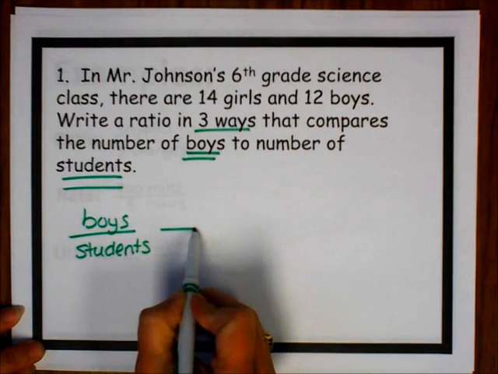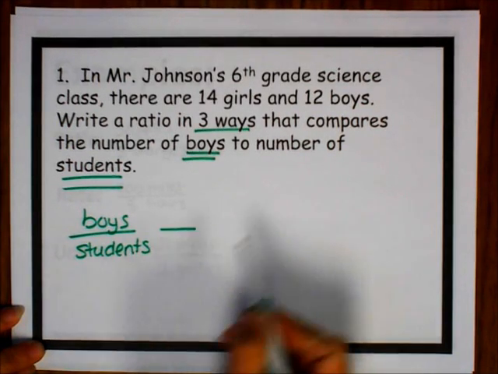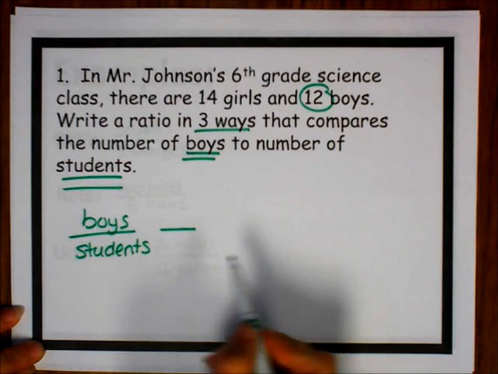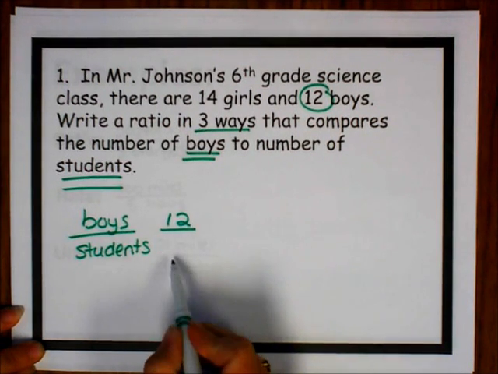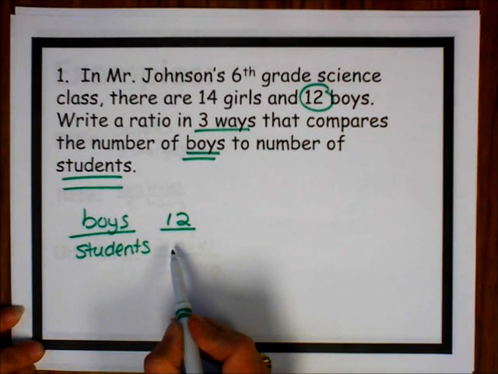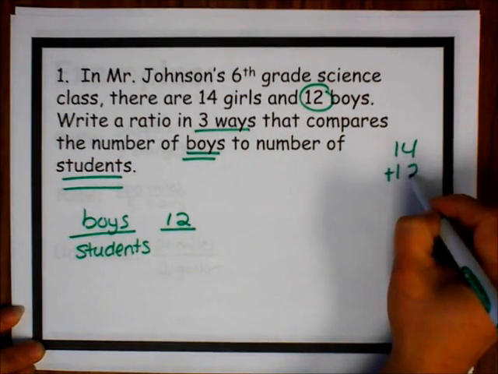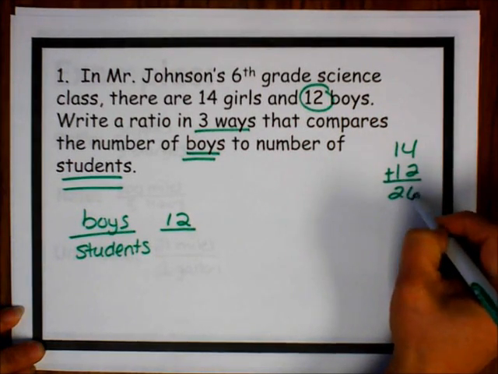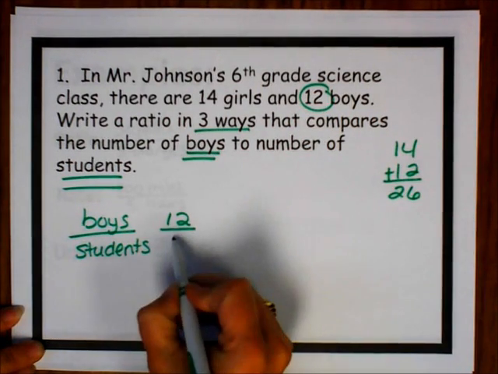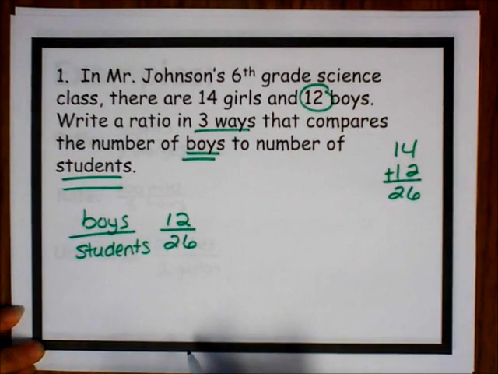So we're going to reread the question and figure out that there are 12 boys. And now I need to know the number of students. So to find the number of students, I'm going to have to add the 14 girls plus the 12 boys. So there is a total of 26 students.